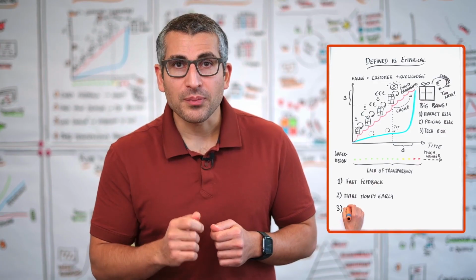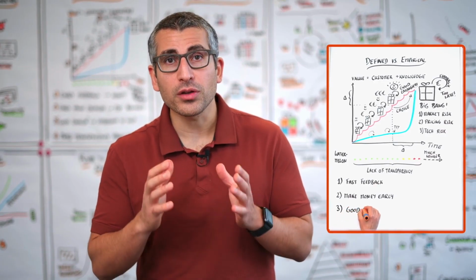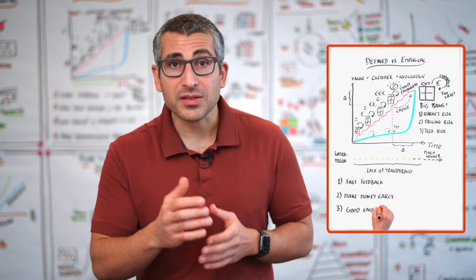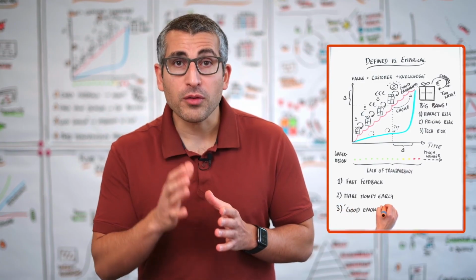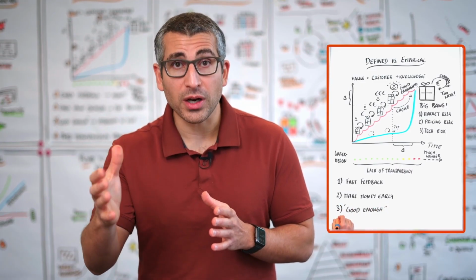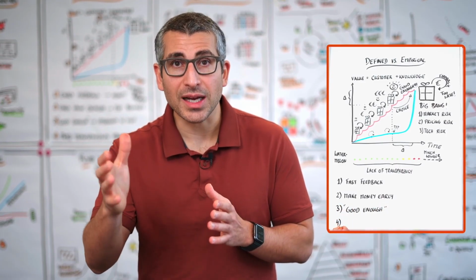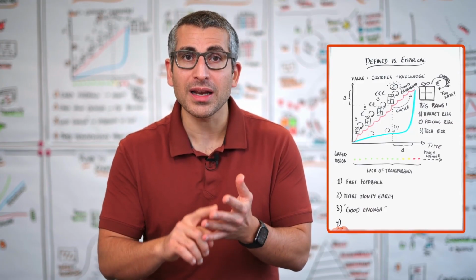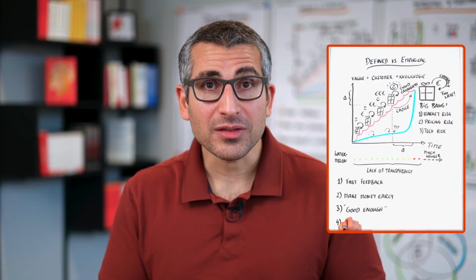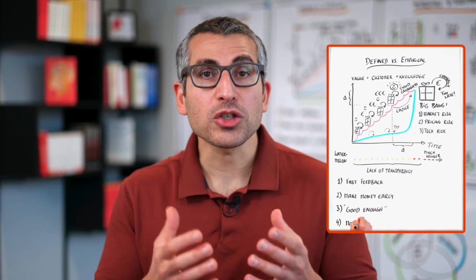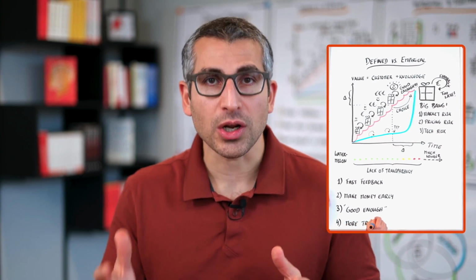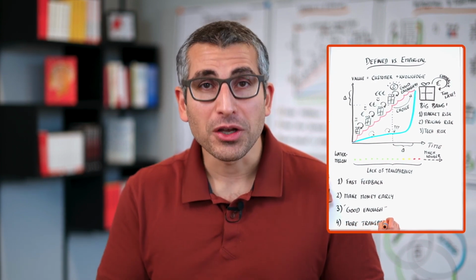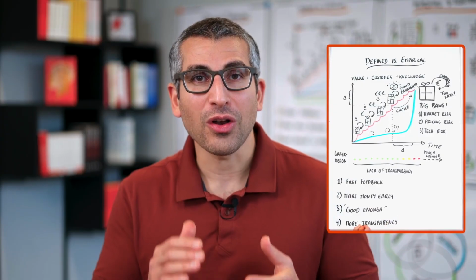Benefit number three is the identification of the point of good enough, which gives us a deliberate choice of whether we want to continue building the product, hitting certain niche segments, or whether we stop and save time, money, and energy. And last but not least, we get to create much more transparency throughout the project so that we can avoid watermelon projects all along.